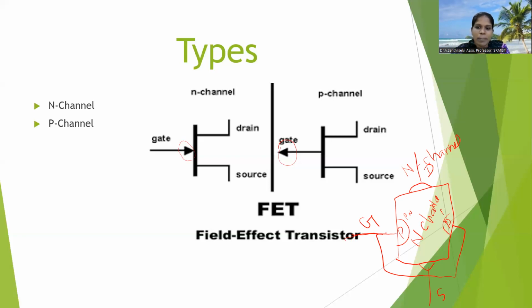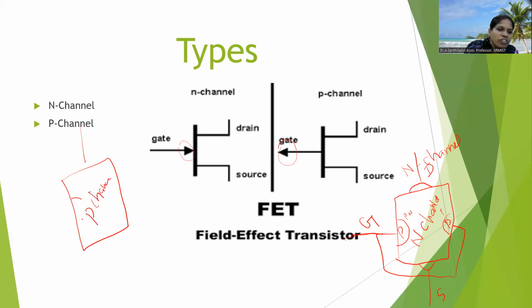In an N channel FET, we take an N channel bar and diffuse a P-type material. If it is a P channel FET, we take a P channel bar and diffuse an N-type material, connect these together and take a terminal called the gate.